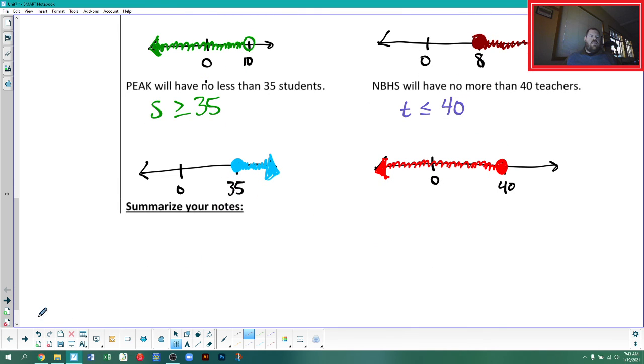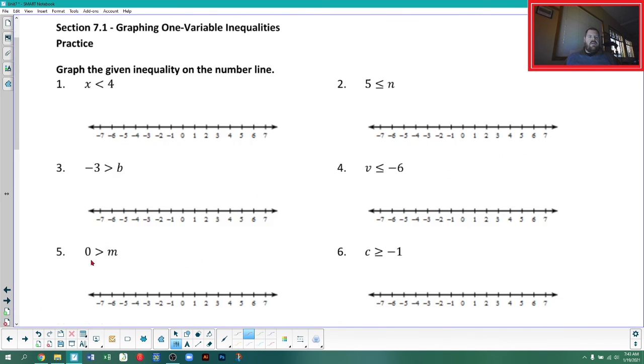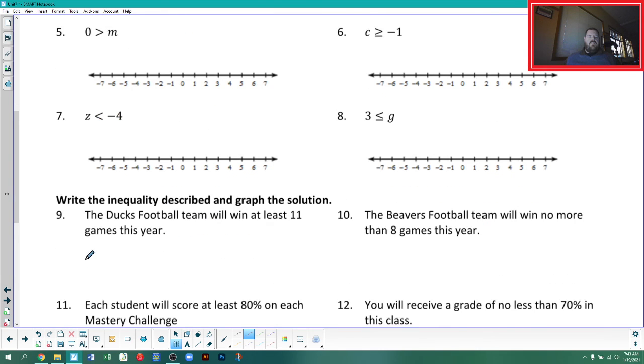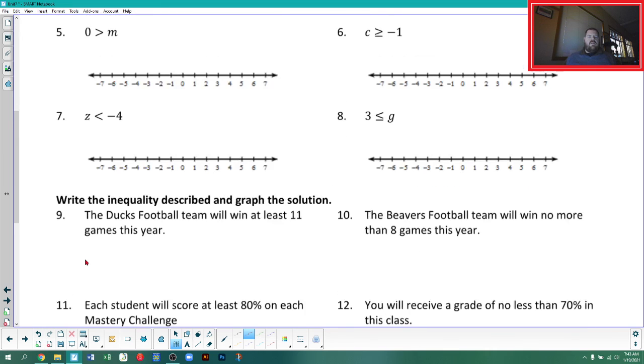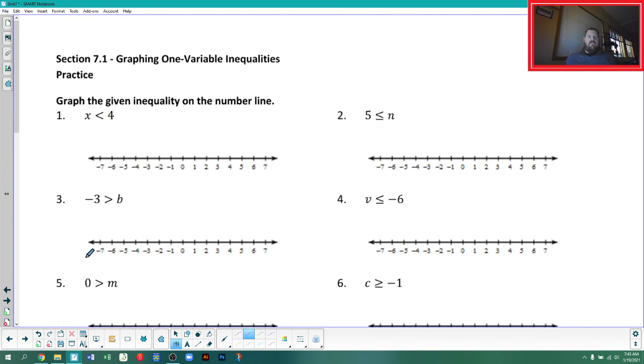Okay, so summarize your notes. Let's look at practice and application problems. I want you to pick 6 of the top 2, and we'll do all 4 of the bottom. So for practice, we'll say pick 6 from 1 through 8, and then 9 through 12.